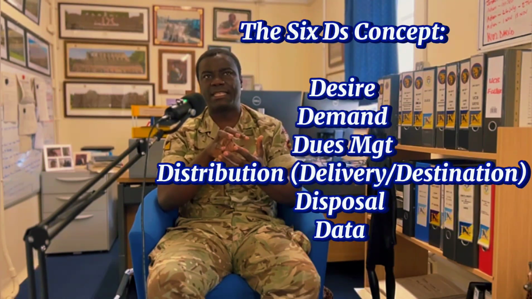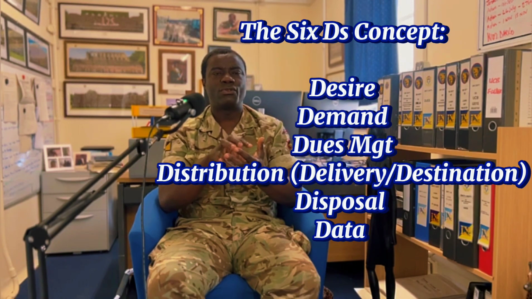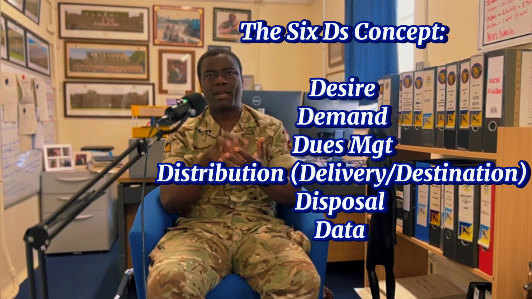The first one is desire, demand, dues management, distribution, disposal, and data. And as I was speaking about dues management, you could see that all these 6 terminologies were taken within my presentation. So I would like to encourage every supplier to make sure that they understand these 6 concept D's to help them to do well in their supply chain.